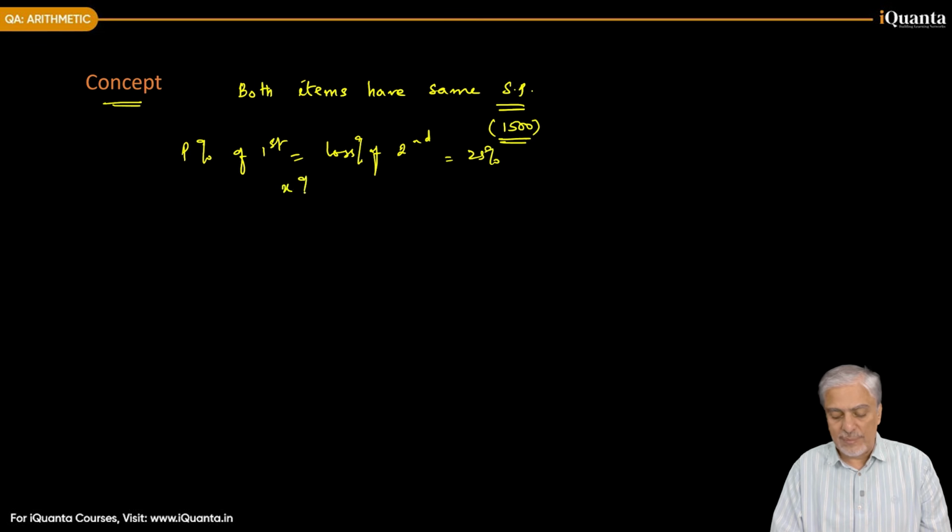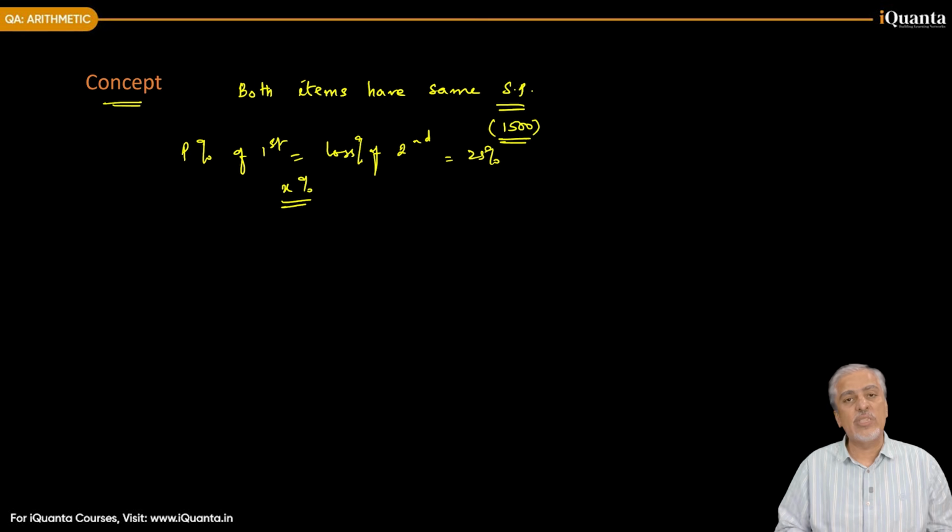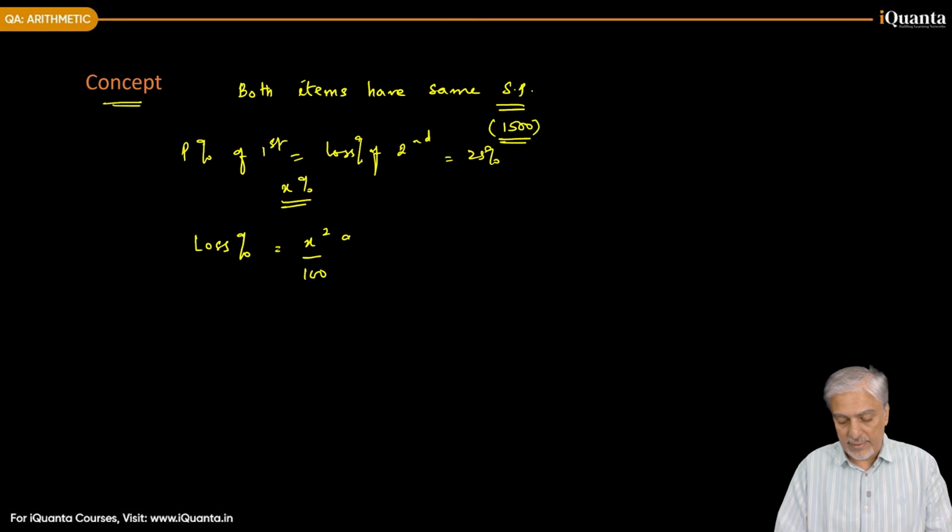Suppose that percentage was given as X. Then what is the formula which we can get directly? First thing, you will understand that it will always be a loss. And the overall loss percent will be X square upon 100%.